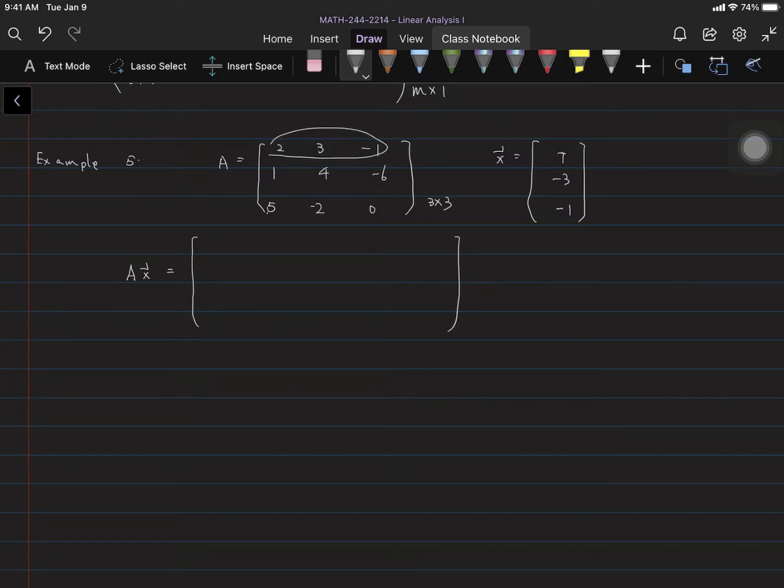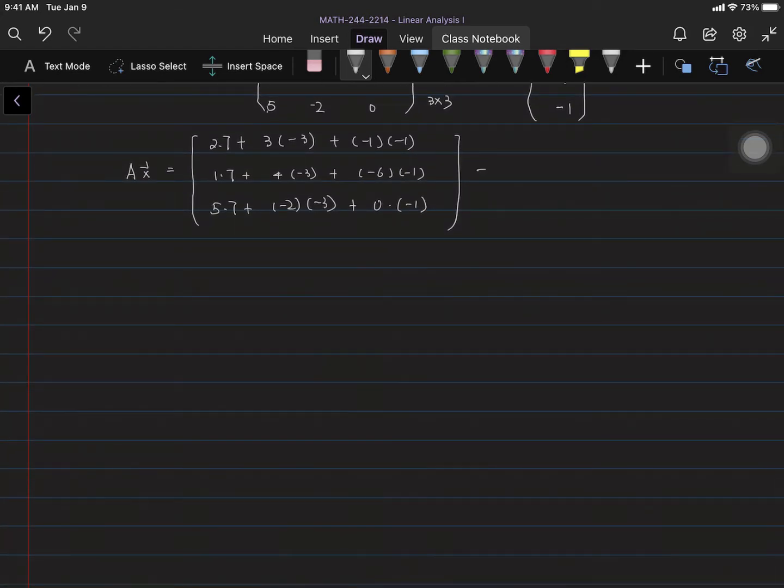Now use the first row times this column. The first number should be 2 times 7, 3 times -3, plus 91 times 1. This gives us the first row. Second row, we use the second row in the matrix A multiplied by X. So it's 1 times 7, 4 times -3, 6 times 1. And the last row: 5 times 7, 92 times -3, plus 0 times 1.